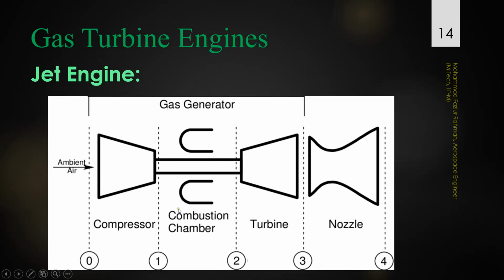The compressed air is thrown into the combustion chamber where combustion happens and a lot of energy is added to it, and then this energetic gas is passed through the turbine where some part of the energy is extracted to run the compressor. The airflow coming out is still energetic, and that energy is recovered by passing it through the nozzle where expansion happens and thrust is created because of the hot jet with high speed at the exit.